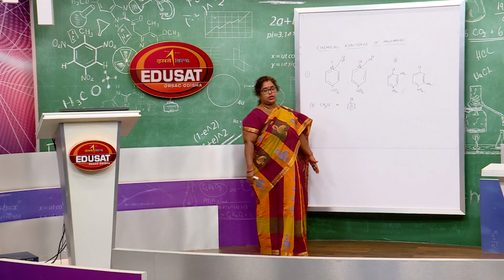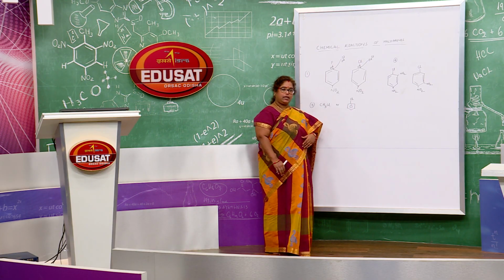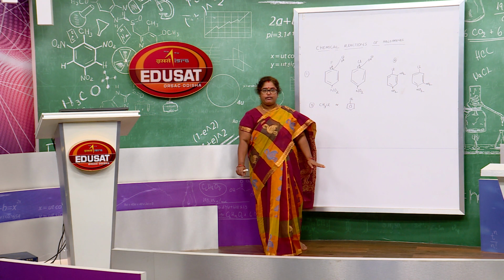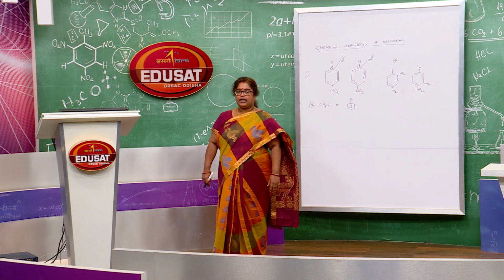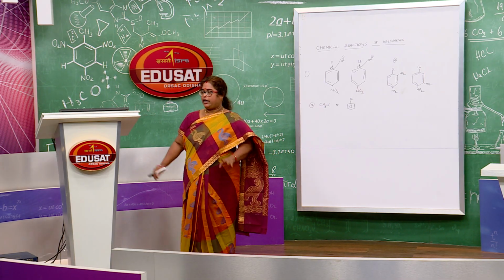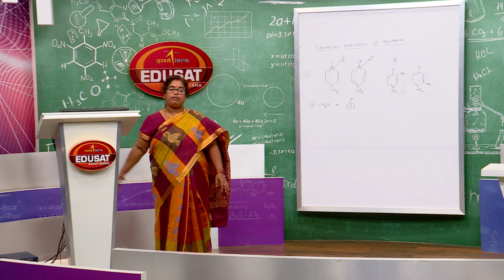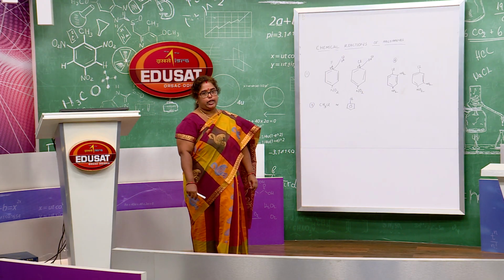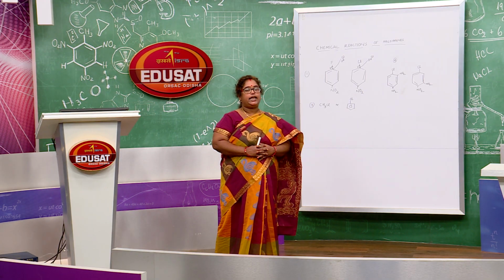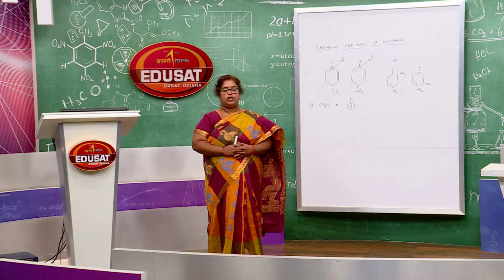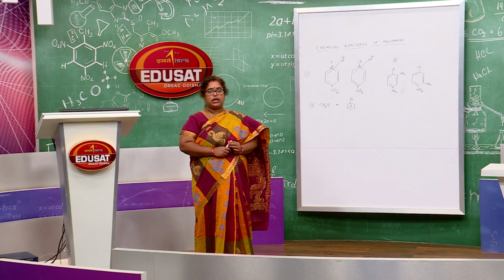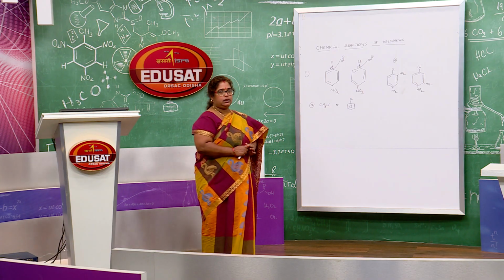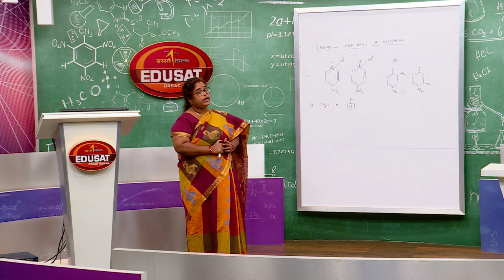If you have understood the mechanism, then it is very easy for you, and if not, then please listen, I am going to tell you the answer. This nucleophilic aromatic substitution reaction takes place in two steps, and the rate determining step, which is the slow step, involves the attack of the OH minus group on the ring.